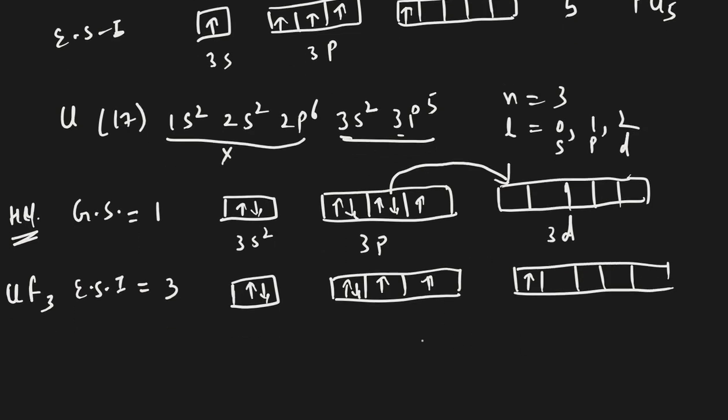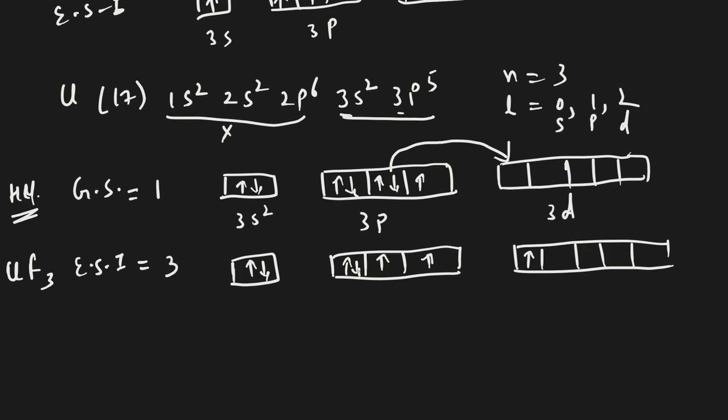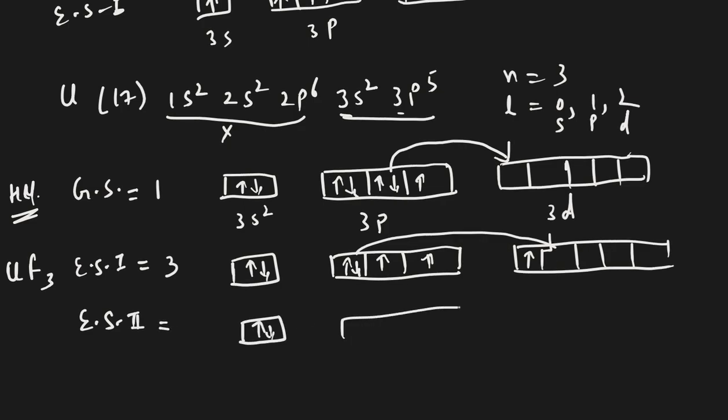Now there are other possibilities as well. This electron can also move to the empty d orbital. That will be considered as the second excitation. Let's see how many covalencies will be there in this case. So here 1, 2, 3, this has moved to the d orbital.